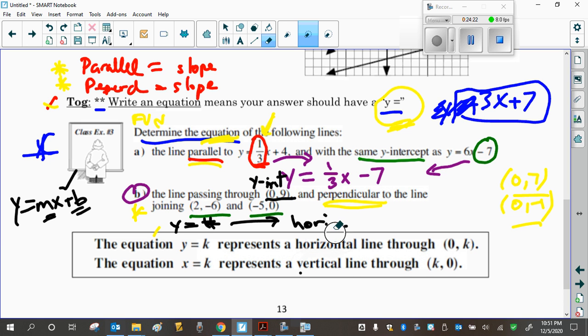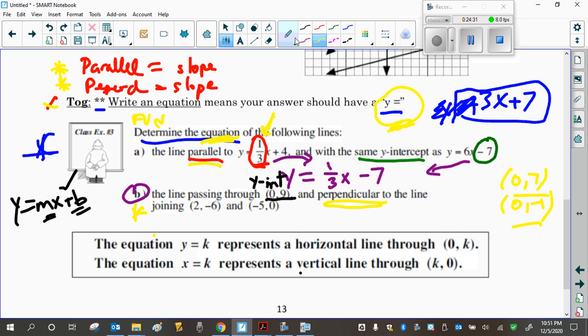A little bit of cleaning here. You're going to use the formula for the slope: y2 subtract y1, all divided by x2 subtract x1. In fact, I'm going to get you to do that right now.